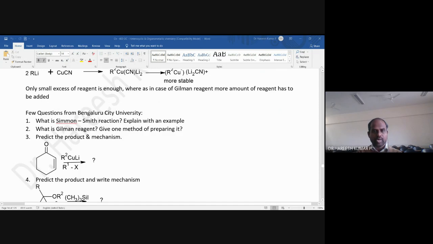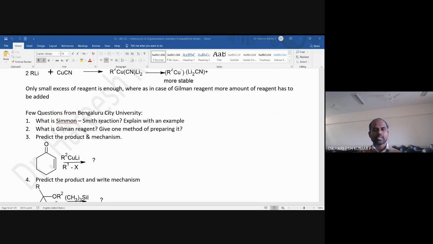Usually, the Simmons-Smith reaction. So what is the Simmons-Smith reaction? Explain with an example. This is about insertion of a carbon into a double bond. That means a cyclopropanation reaction.